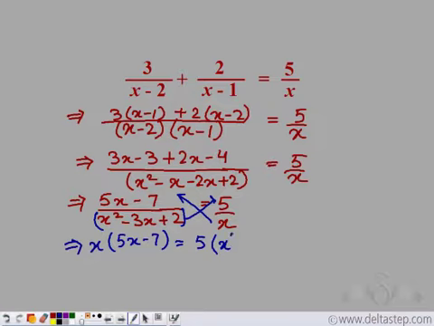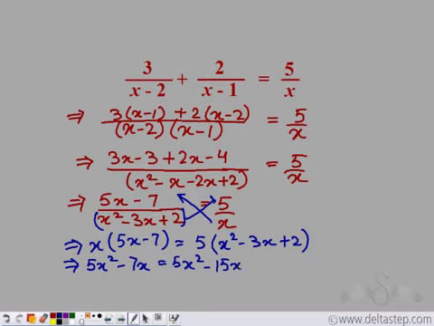So 5 into x square minus 3x plus 2. And simplify this. X into 5x is 5x square. Minus 7 into x is minus 7x. 5 into x square is 5x square. 5 into negative 3x is negative 15x. 5 into 2 is 10.